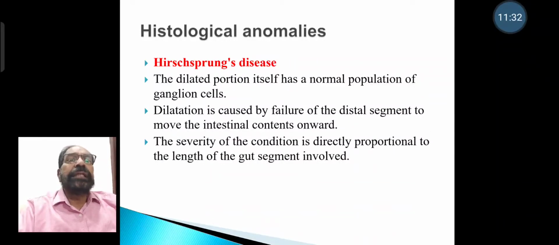The dilated portion itself has a normal population of ganglionic cells. Dilatation is caused by failure of the distal segment to move the intestinal contents forward. The severity of the condition is directly proportional to the length of the gut segment involved.